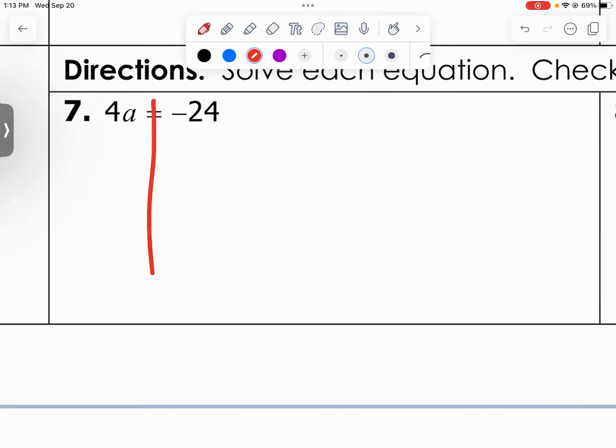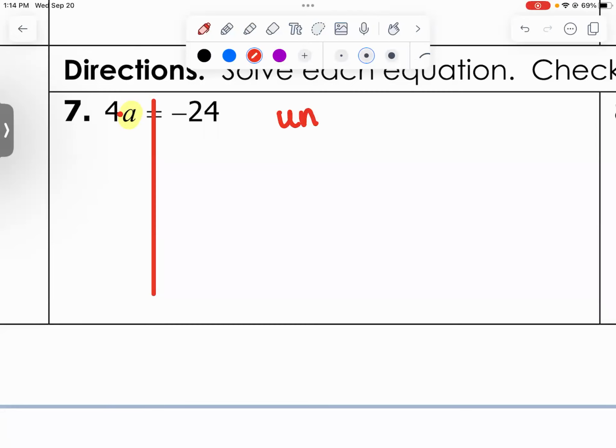Okay. And what Alexander said is that anytime in algebra, if there's a number in front of your variable, we don't see the multiplication sign, but we know it's there. So 4 and A are tied together using multiplication.